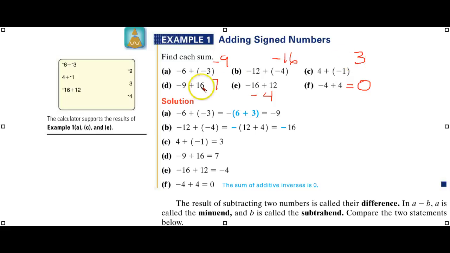Here again, 16 and 9, subtract the 9 from the 16, get a 7, use the sign of the larger absolute value, which is positive. Subtract a 12 from a 16, get a 4, use the sign of the larger absolute value. Here these are an additive inverse.